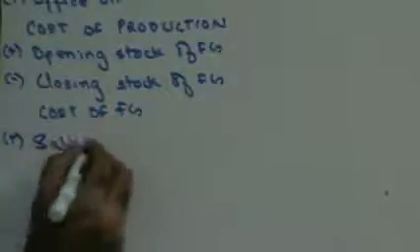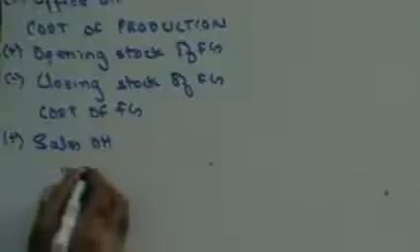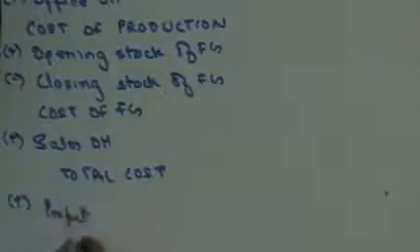Add sales overhead will give you total cost. Add profit will give you sales. Right, let's start with the sum.